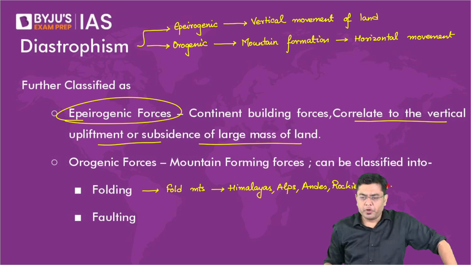Yes, Aravalis will also be a fold mountain. We have had a discussion about it, that the youngest fold mountains which have been created, I had given it to you as map pointing, and it is not Himalayas. Good, Brundavani. Very good. Kambhapati correct. Priyadarshini correct. Abhijit and Pooja correct.